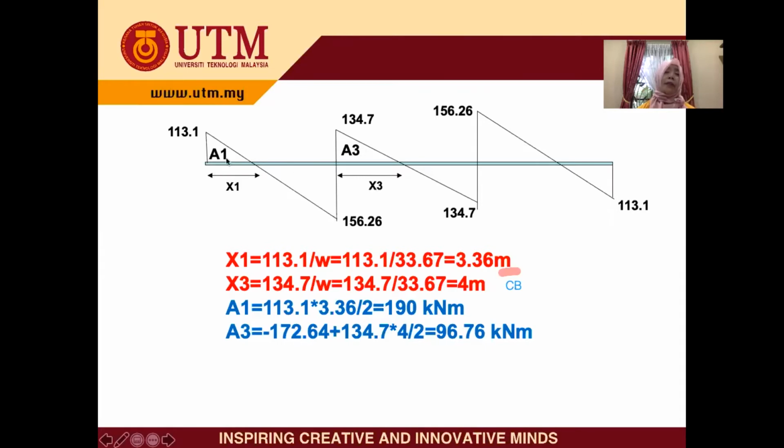Therefore, we need to calculate x1 and x3, using the same method as just now. So we got x1 3.36, x3 4 meter, A1 we got 190 kilonewton meter, A3 we have the new one 96.76 kilonewton meter. This is the shear force after we do redistribution.